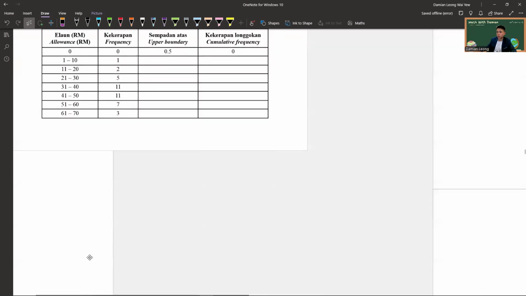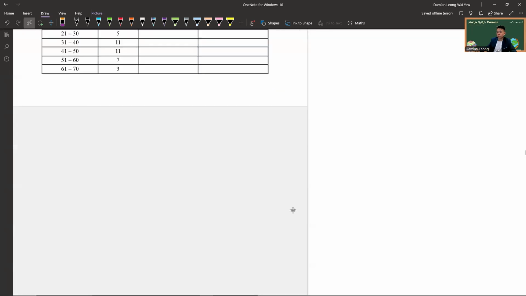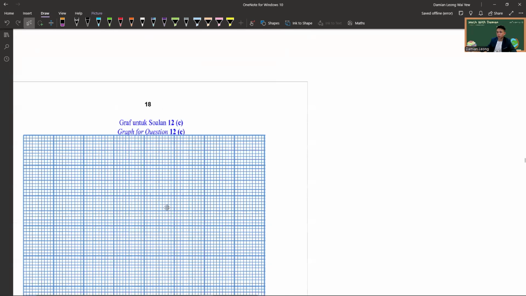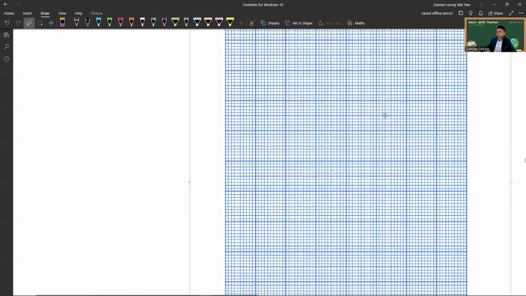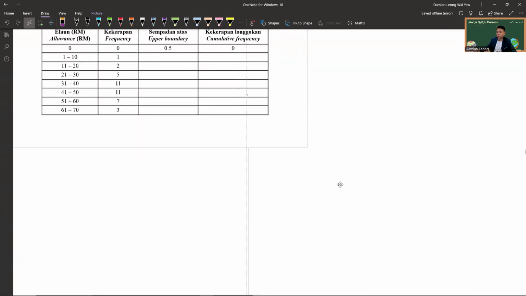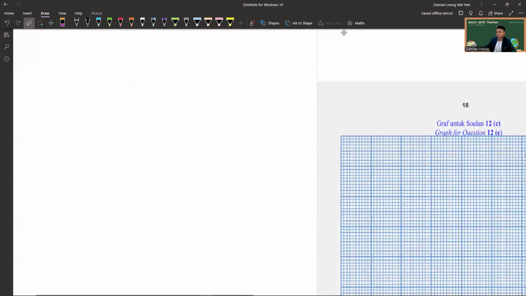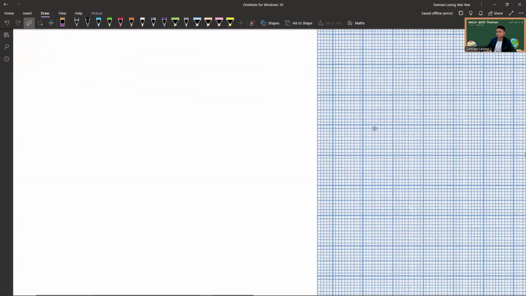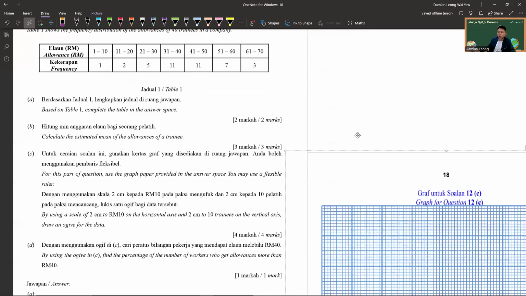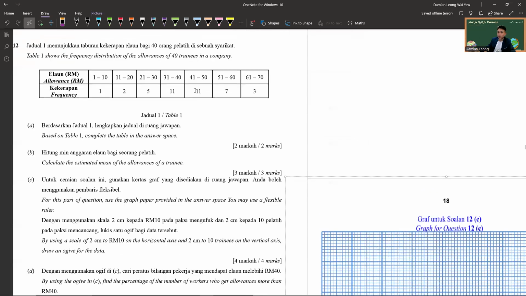Actually, this table here. It's a graph as well. Leave this here. Okay, then put the graph here. So complete the table here based on this table.